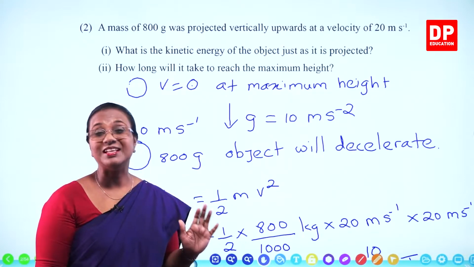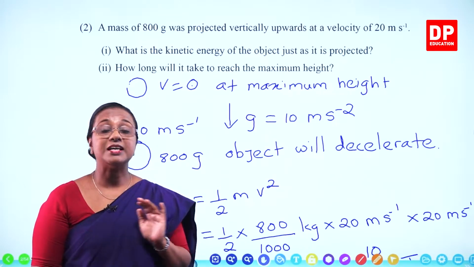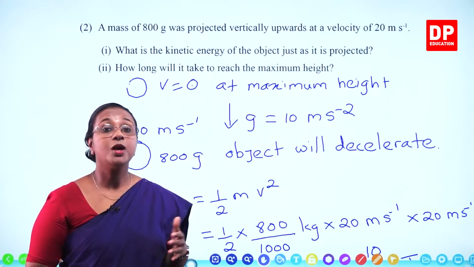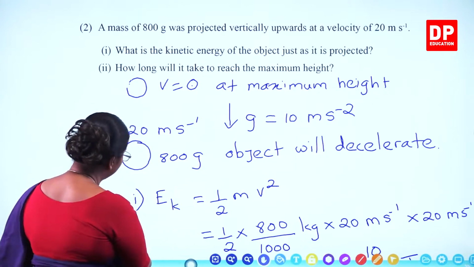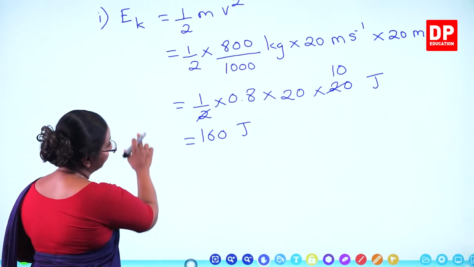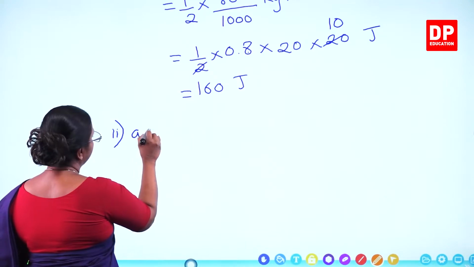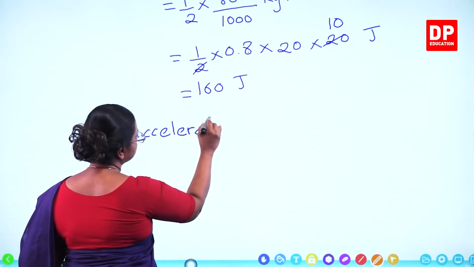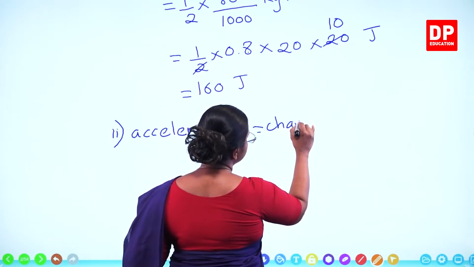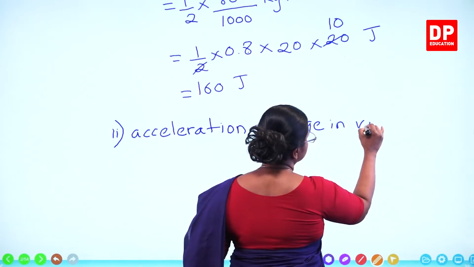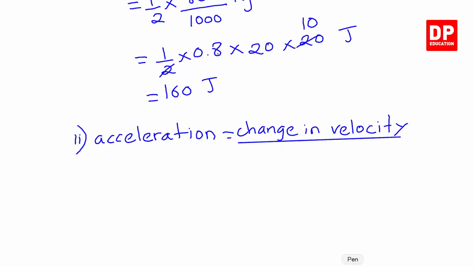I'm sure you can remember the equation. Acceleration is equal to final velocity minus initial velocity divided by time. Why? Acceleration is rate of change of velocity. So we will have to use that equation to calculate this. Second one, acceleration equals change in velocity divided by time.